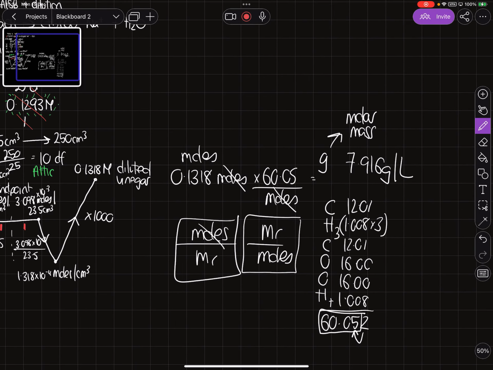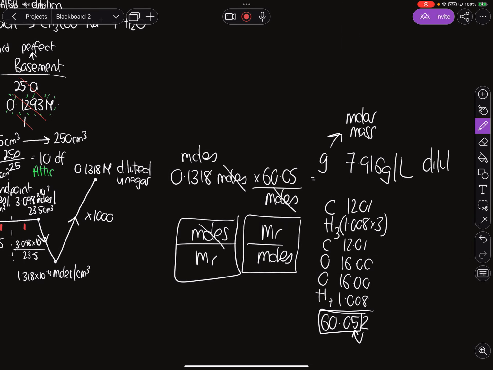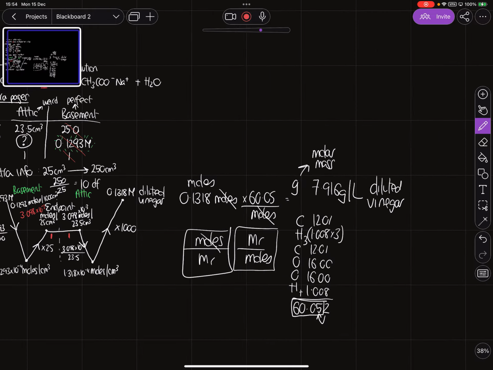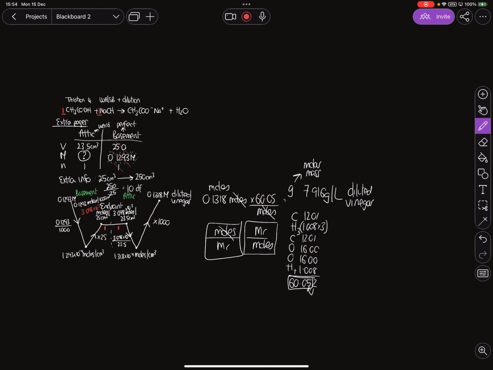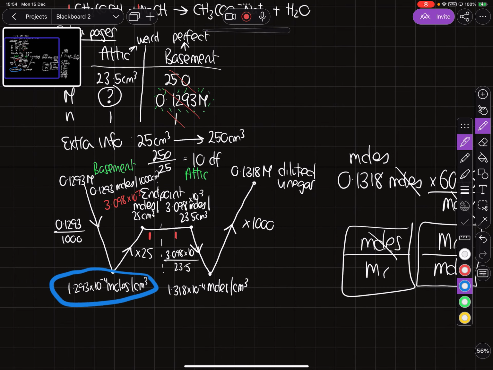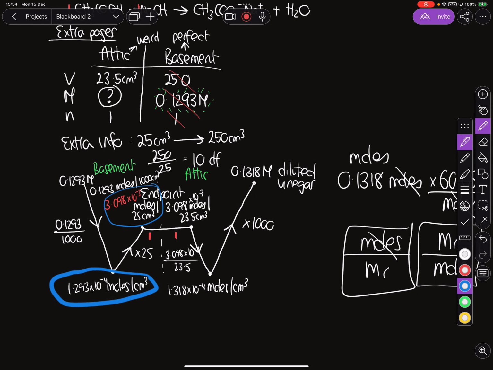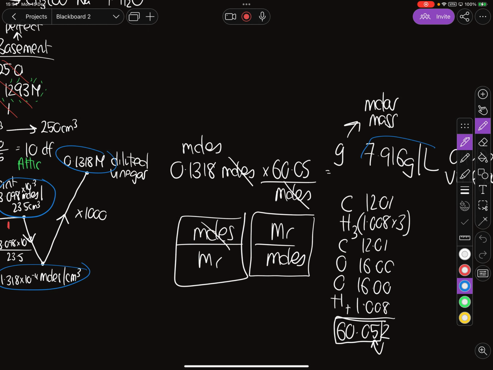And again, this is diluted vinegar. Now, normally in our maths, they could ask us for any of these particular points. So they could ask for this, they could ask for this, and they could normally ask for this.